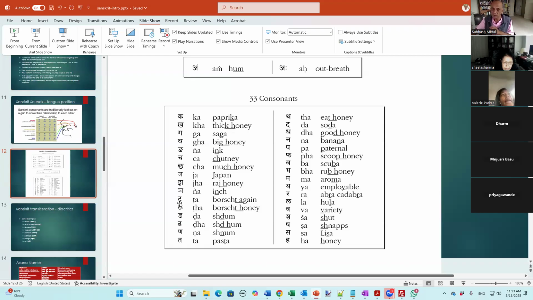Even in hotel, for example, there is a slight aspiration. Now this ta is much more heavily aspirated compared to tango. So the English sound of T is kind of halfway between the two, and you can look at it that way.